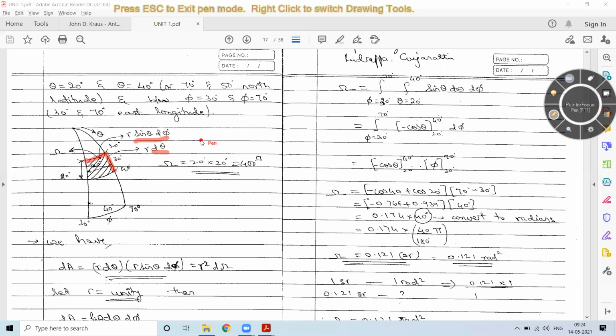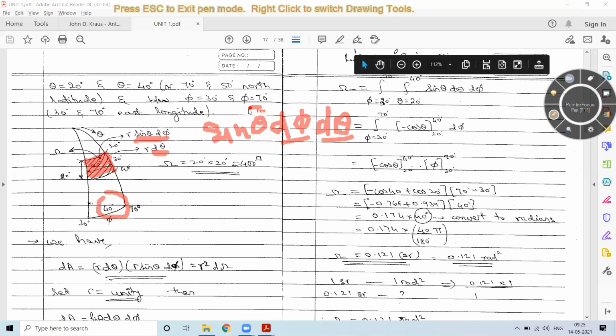Now I want the solid angle subtended by this entire area, which is given by the multiplication of these two sides, sine theta d phi multiplied with d theta. Now I know d phi is 40 degrees, and d theta is 20 degrees. So this is in terms of degrees.